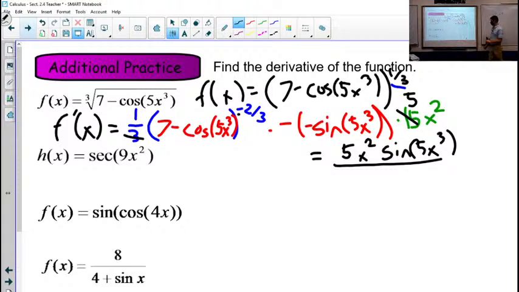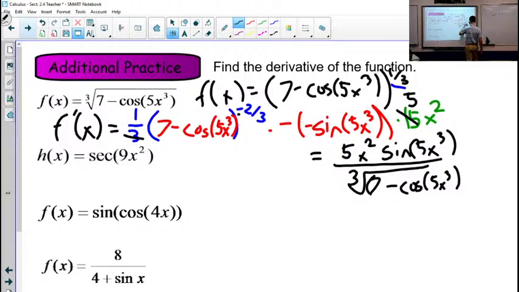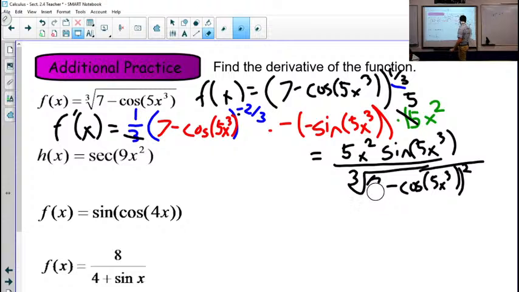On the bottom, we have the 7 minus cosine of 5x cubed to the negative 2/3. So that's going to be a cube root of the thing squared. That's a 7 in parentheses. There we go.